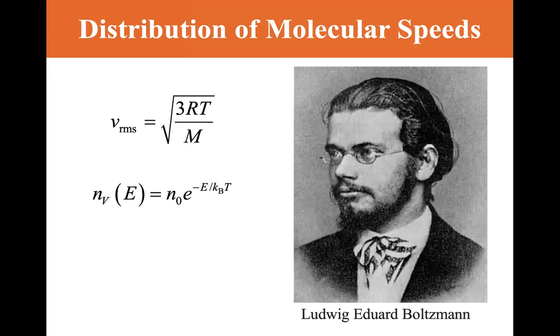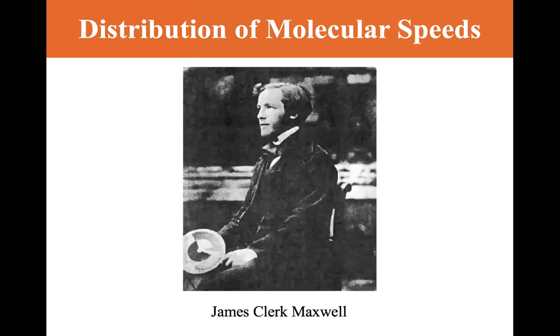In general, the number density is found from statistical mechanics to be N_V(E) equals N_0 e to the minus E over k_B T.